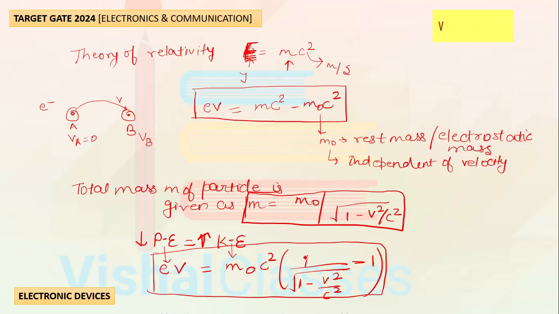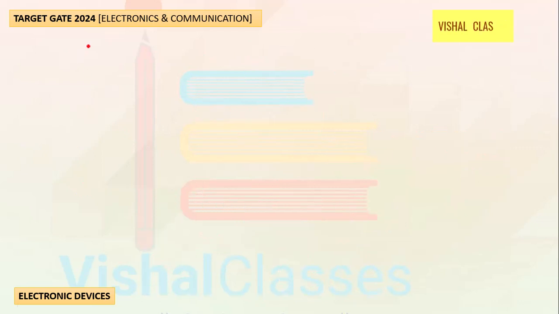m naught c square, in bracket write it, 1 divided by root 1 minus v square by c square, minus 1. Also write one more formula.